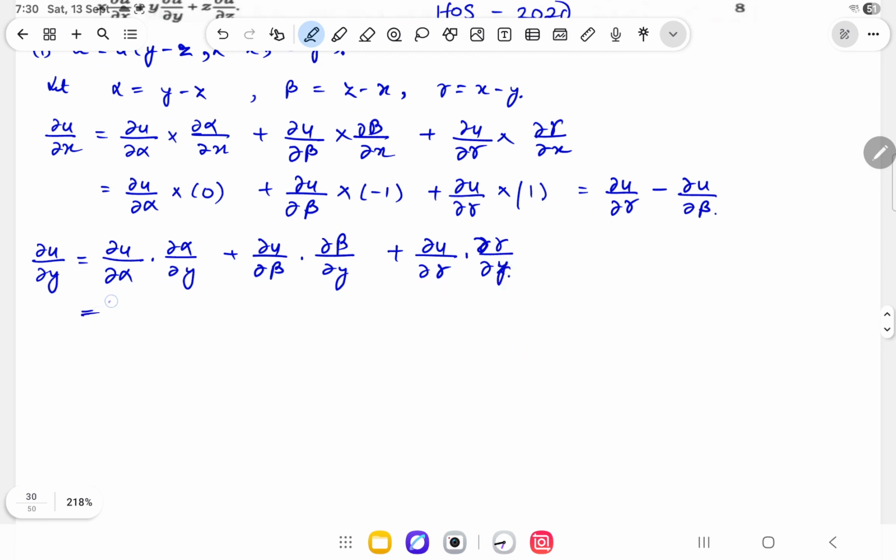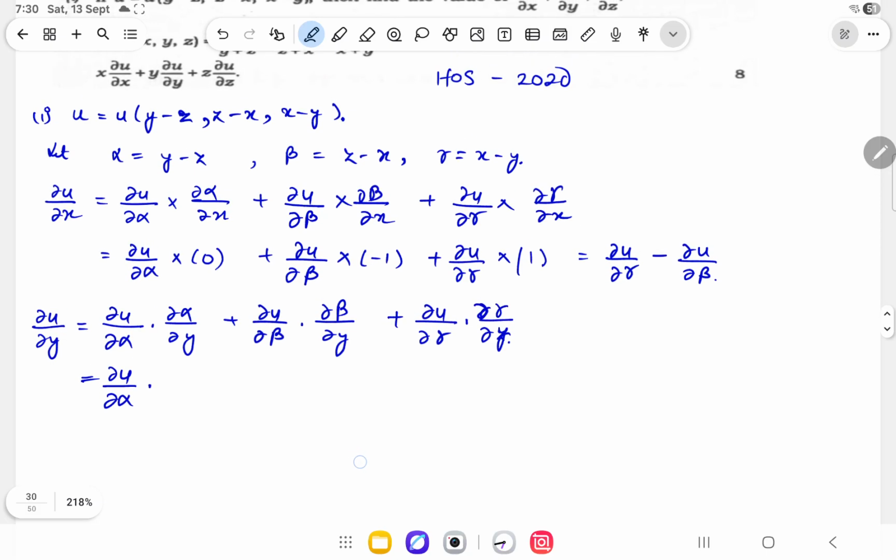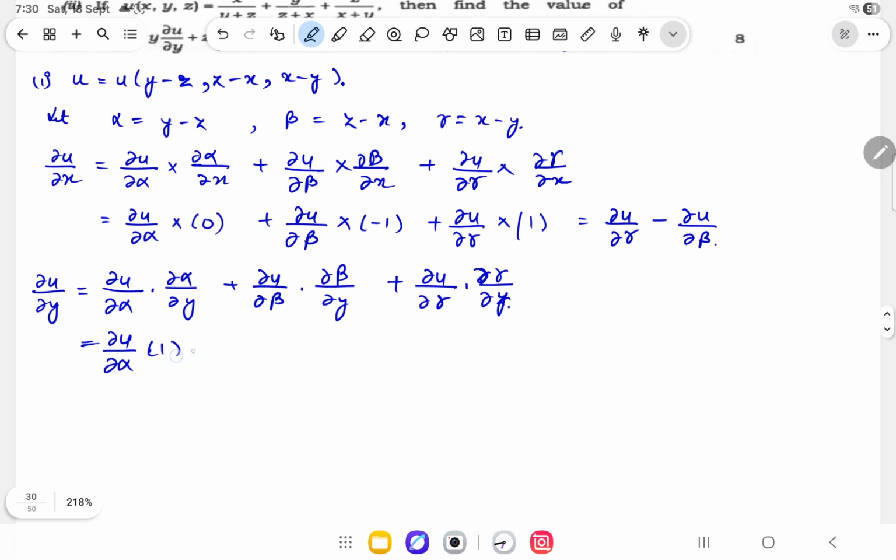So this will be del u by del alpha into del alpha by del y, that is 1, plus del u by del beta into del beta by del y, which is 0, plus del u by del gamma into del gamma by del y, which is minus 1. So this is equal to del u by del alpha minus del u by del gamma.